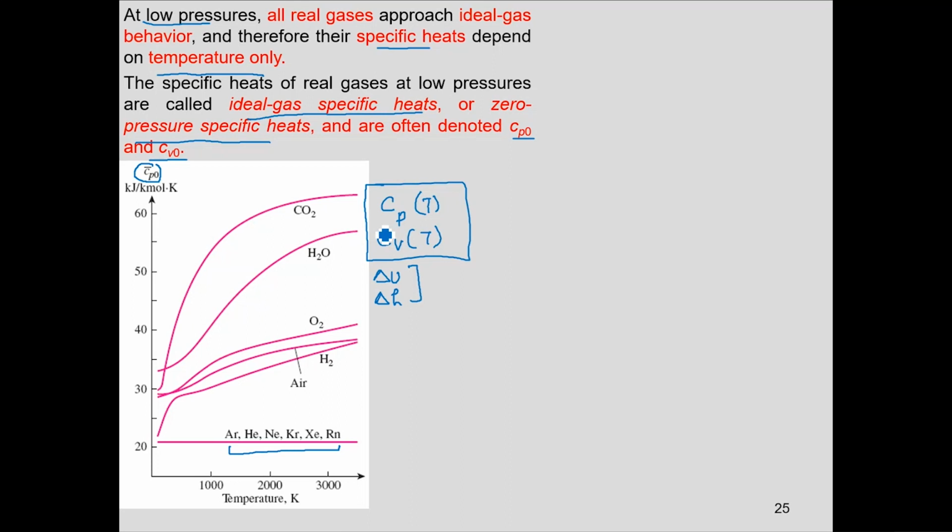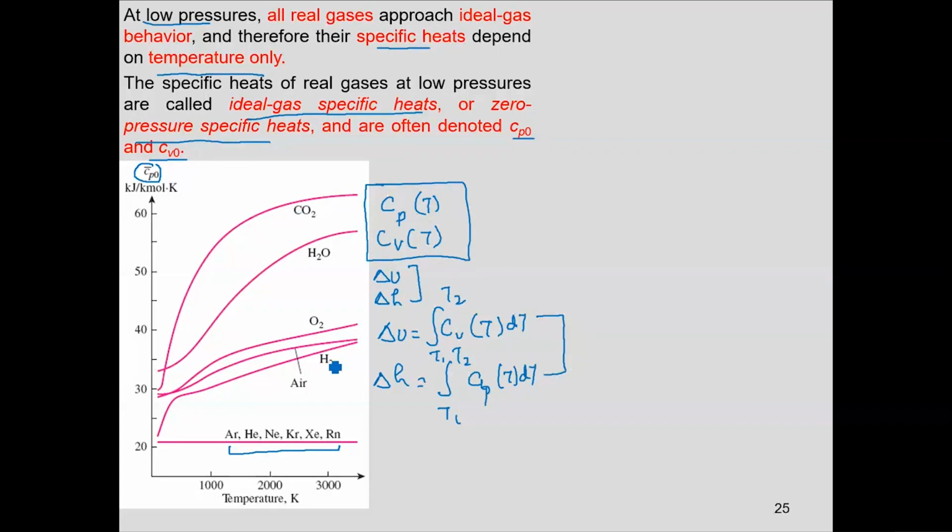There are three ways in which you can solve the integral delta u equals the integral of Cv(T) dT from T1 to T2, or similarly delta h equals the integral from T1 to T2 of Cp(T) dT.